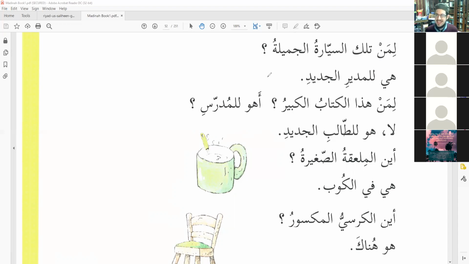Good. So this liman was confusing me, and so I said, okay, tilka, that's the same as hadha kitabun. So tilka would be the mubtada, and then the beautiful car would be the khabar, except it's definite. So that doesn't make sense.